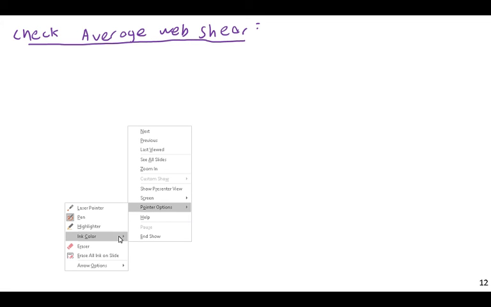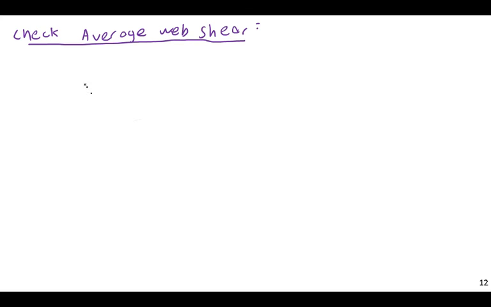So tau average equals V over tw times D: the shear from our shear diagram times the thickness of the web times D. Basically just the area of the web.